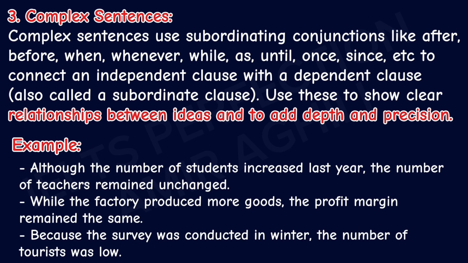You can use this to show clear relationships between ideas and to add depth and precision. Although the number of students increased last year, the number of teachers remained unchanged. While the factory produced more goods, the profit margin remained the same. Because the survey was conducted in winter, the number of tourists was low.